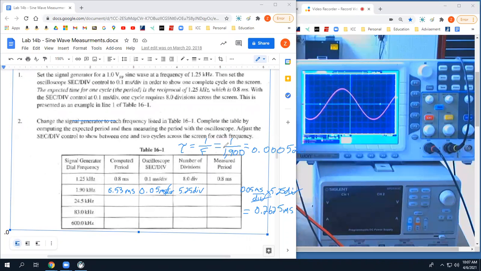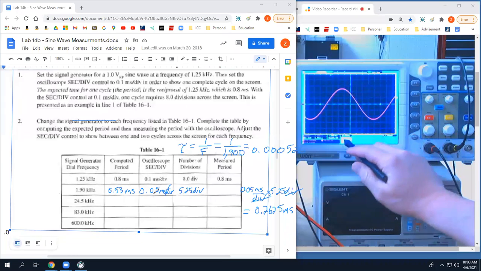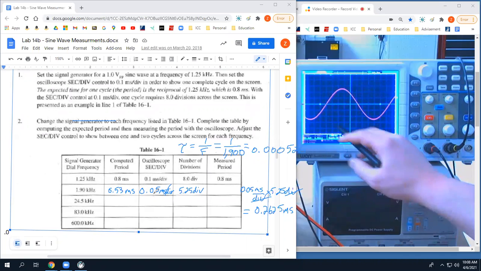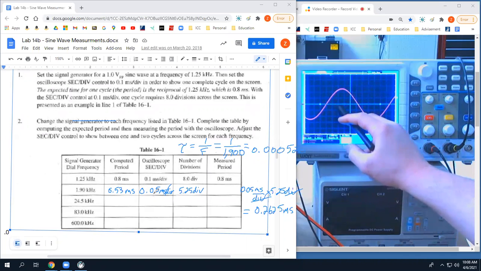One divided by the frequency of 1,900 is 0.53 milliseconds, okay? My oscilloscope is at 0.05 milliseconds per division. 50 microseconds is 0.05 milliseconds per division. 1, 2, 3, 4.